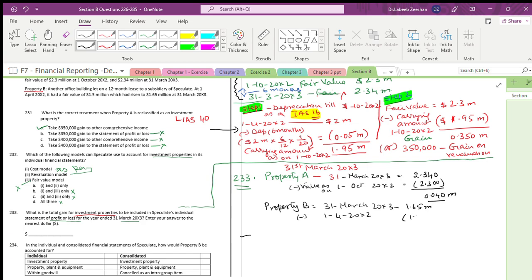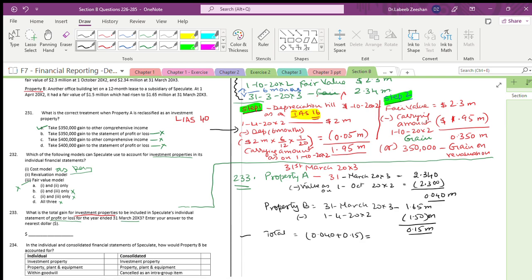That is the reason we are not calculating depreciation here. Is that 1.50 million? How much will you get? You will get 0.15 million. The total is 0.040 plus 0.15.